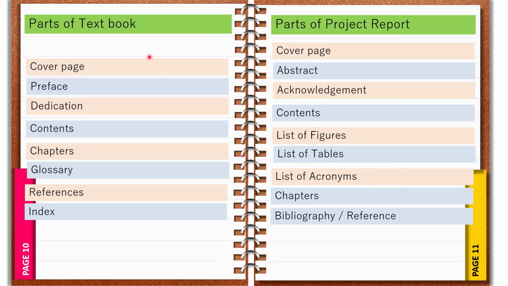You might have come across different sections of a textbook and project report. Textbooks and project reports have almost the same contents: the cover page, preface, dedication, contents, chapters, glossary, reference and index in a textbook, whereas in a project report you are going to find almost the same, including the list of acronyms, list of tables, list of figures, and then chapter-wise contents.